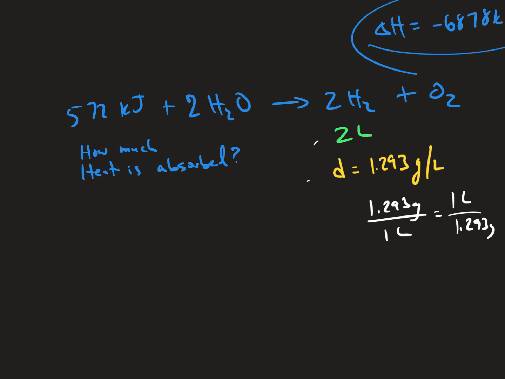Then here's how I do it. I start with the simplest one. It doesn't matter, but here's another way to think about it. If you want to start with the ratio, we are looking for liters.